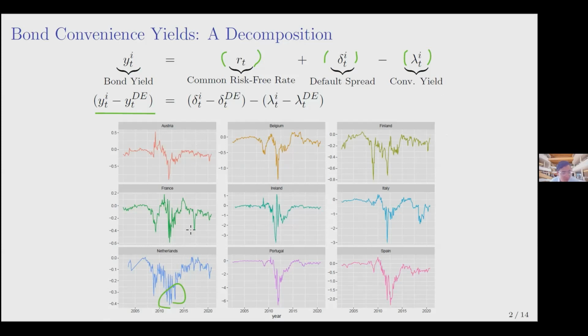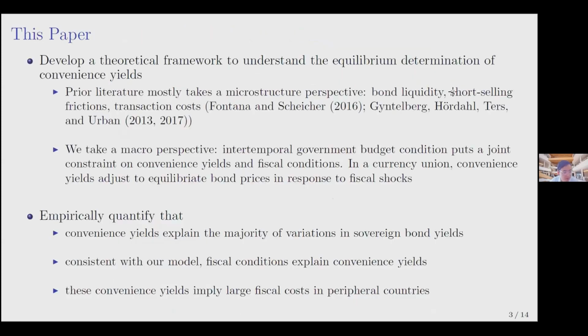So this is our empirical measurement of the bond convenience yields, which is conceptualized as a residual from this decomposition formula. So in this paper, we take this as an empirical fact and develop a theoretical framework to understand the equilibrium determination of the convenience yields.